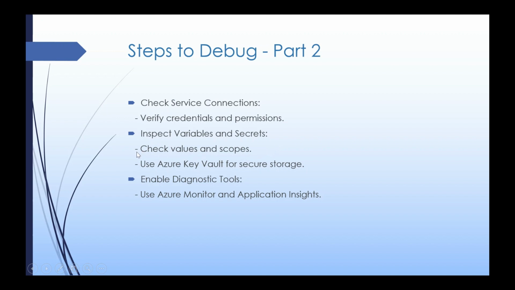Otherwise a misconfiguration will happen and you will run into issues. Make sure you use Azure Key Vault for secure storage, or the variable groups library, you can say, for secrets, to further secure your pipelines.